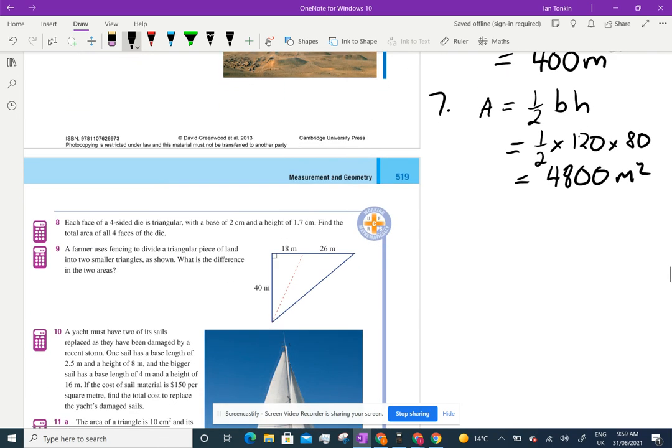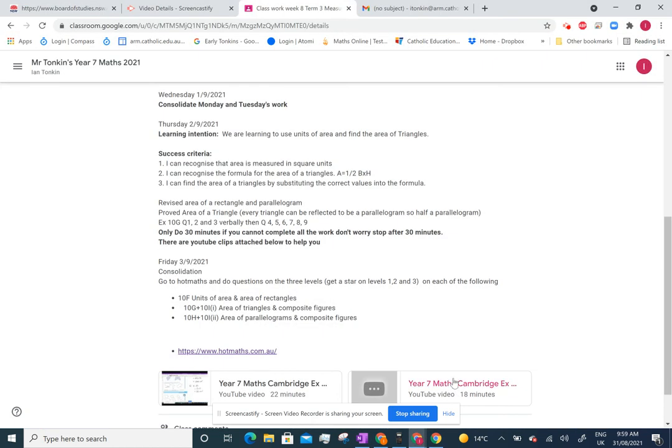And finally, the last question. Each face of a 4-sided die is triangular with a base of 2 centimetres and a height of 1.7. Find the total area of the 4-sided die. So if you've ever seen a die, let's get a better image.